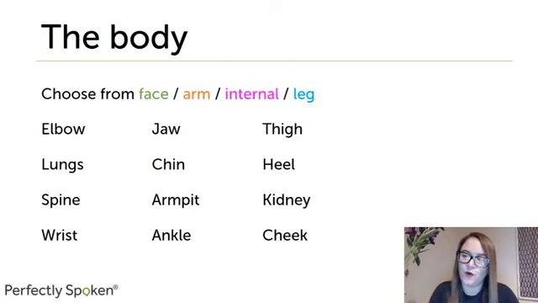Okay, well, I'm going to give you a clue. You have 4 options to choose from: face, arm, internal, or parts of the leg. So you can put 3 of these words into each category. 3 of them are parts of the face, 3 are connected to your arm, 3 are internal, and 3 are parts of your leg or foot.